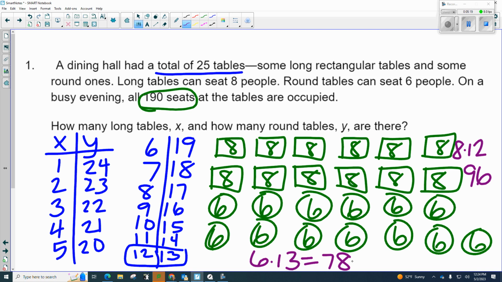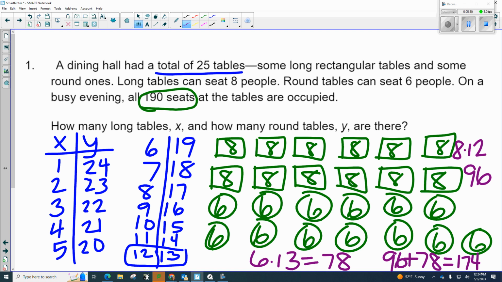Okay, and then if I want to know how many people altogether, I added 96 plus 78, and that gave me a total of 174.